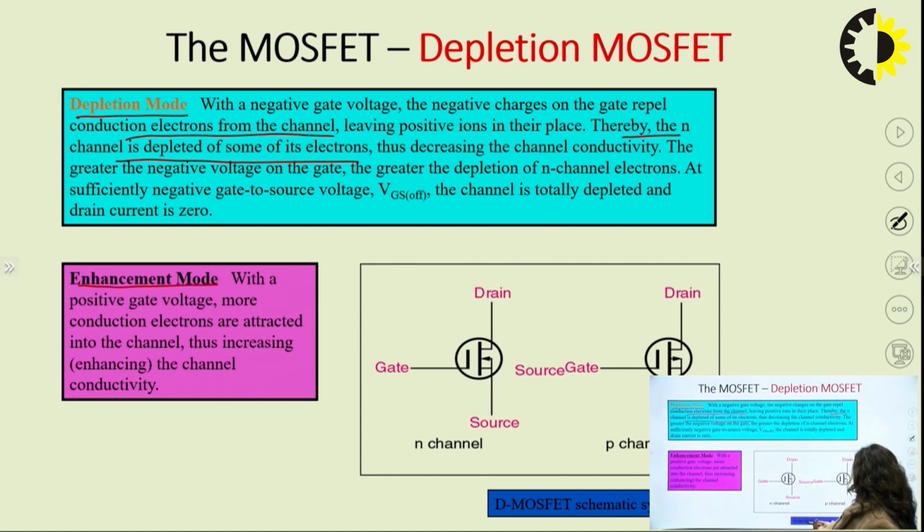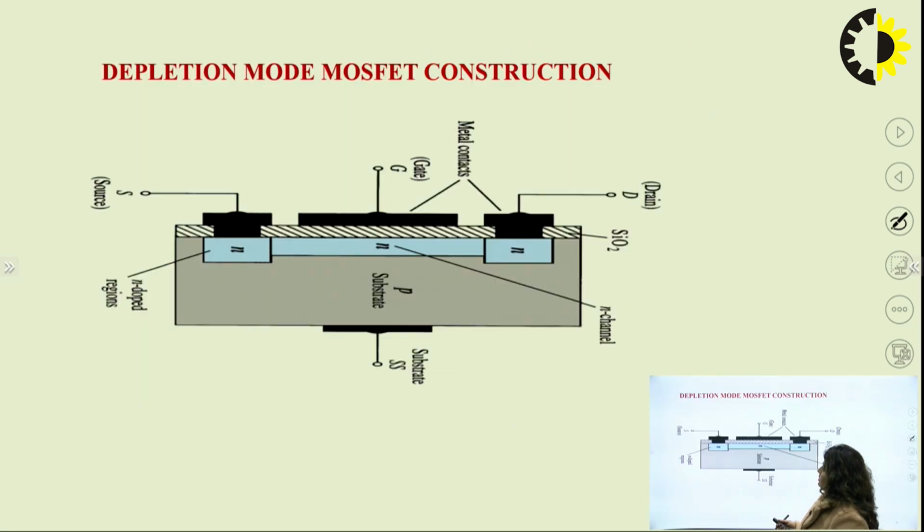So there are two types of MOSFETs shown in the figure, the N channel and the P channel. In the N channel, the channel is N type and the substrate should be P type. Similarly, in the P channel, the channel is P type and the substrate should be N type. Accordingly, if we apply a positive VGS or a negative VGS, the MOSFET will work in the depletion or the enhancement mode.